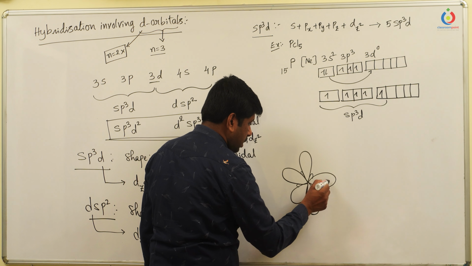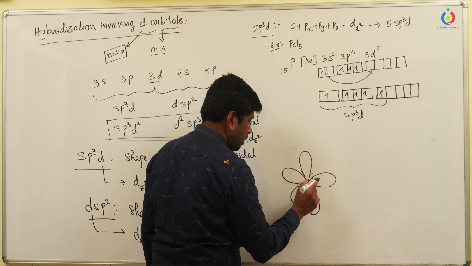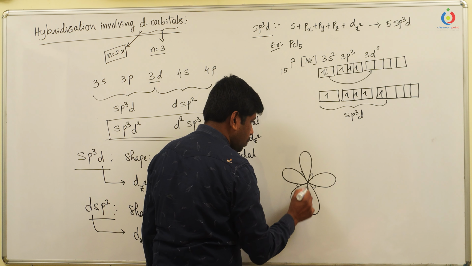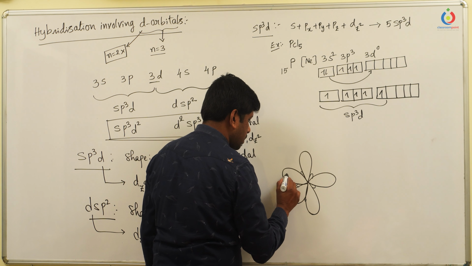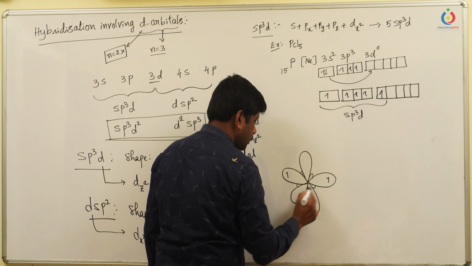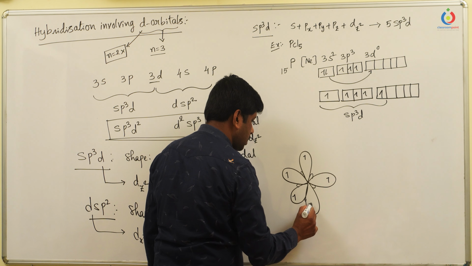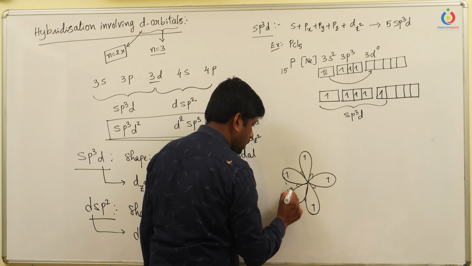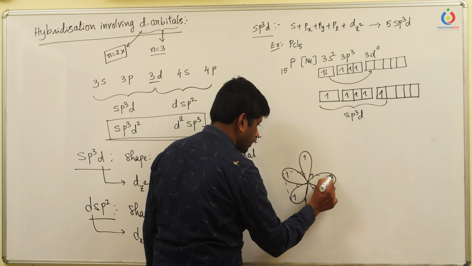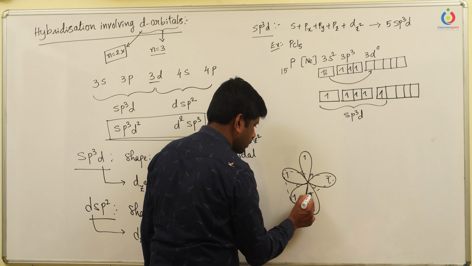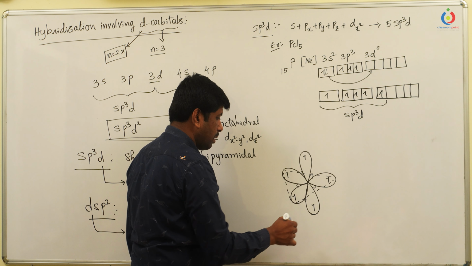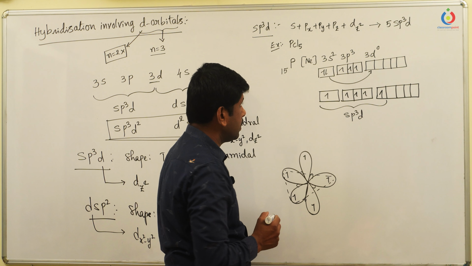These 3 orbitals are in the same plane, so they arrange in the trigonal planar shape, and these 2 are above and below the plane. So let us try to fill these orbitals with unpaired electrons. These orbitals are arranged in a single plane. So trigonal, this is one pyramid, this is one pyramid. It gives the bipyramidal shape.